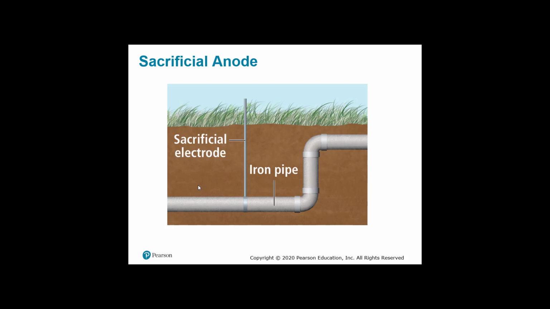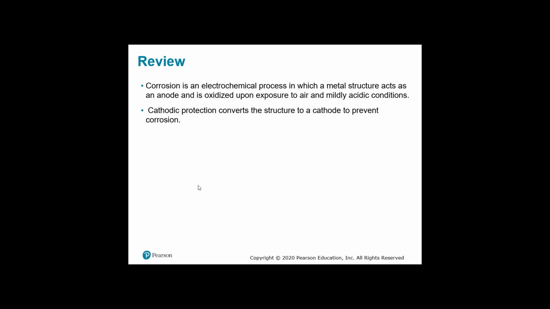In this case, zinc and magnesium are most frequently used as sacrificial anodes for an iron structure. So, review: corrosion is an electrochemical process in which a metal structure acts as an anode and is oxidized upon exposure to air and mildly acidic conditions. Cathodic protection converts the structure to a cathode to prevent corrosion. And the whole thing is just to prevent corrosion.